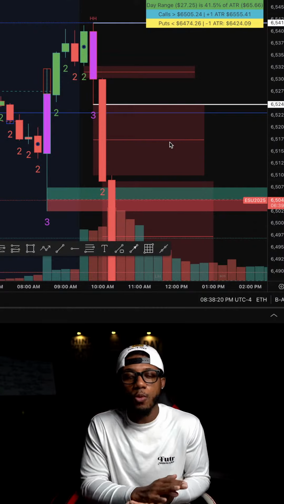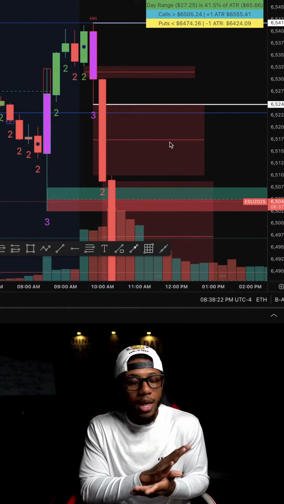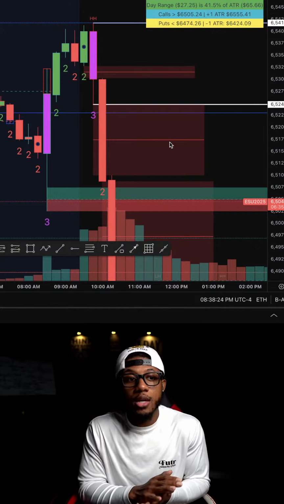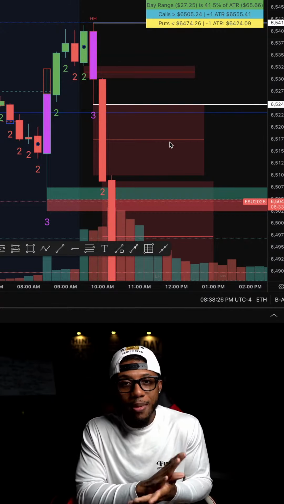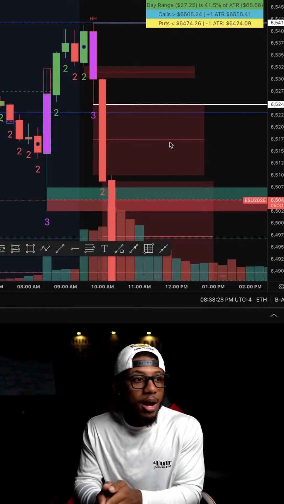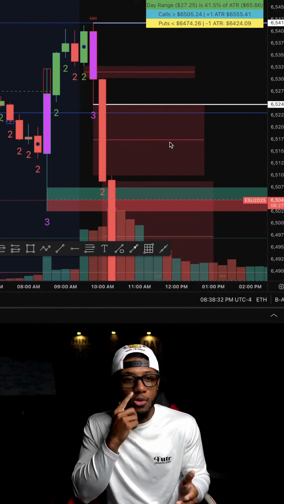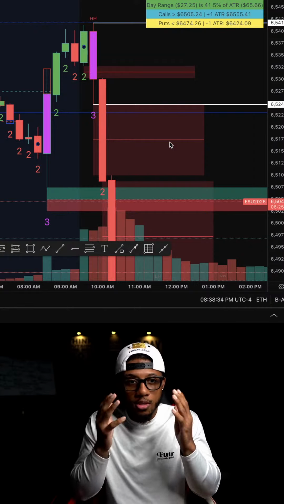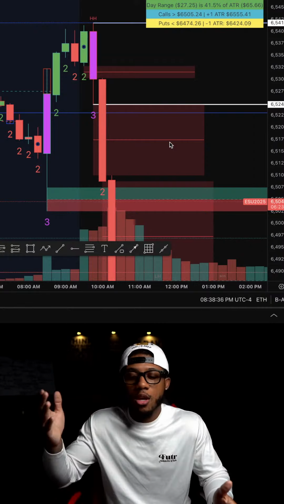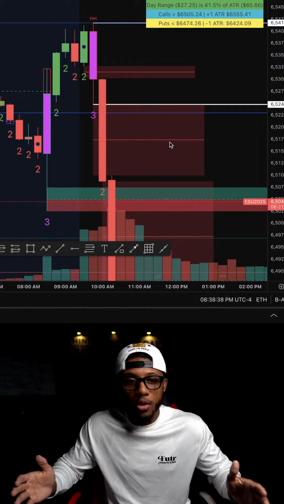Again, regardless of what strategy you trade, whether it's strat, supply and demand, whatever it is, it does not matter the strategy. Price action is price action. Reading a chart is reading a chart, and a candle is a candle. Everyone reads candlesticks the same exact way, a bearish candlestick or a bullish candlestick, period.